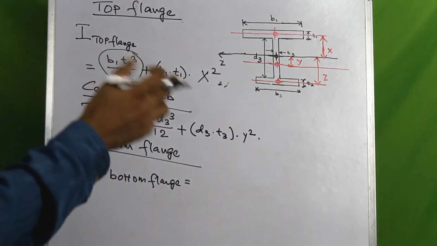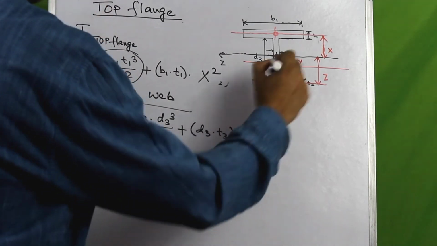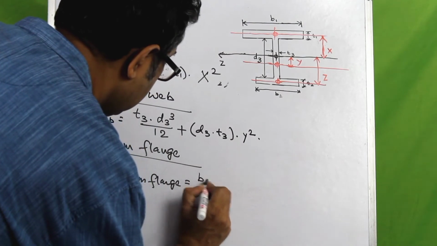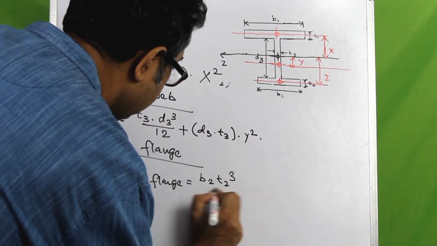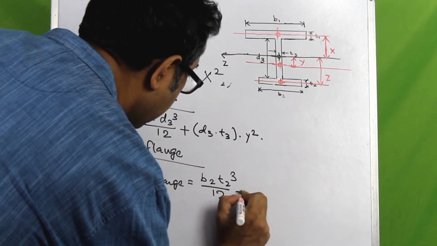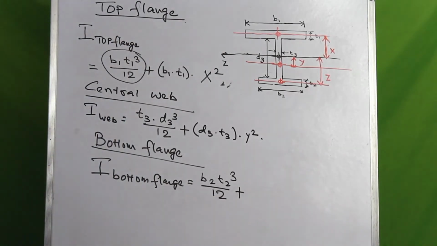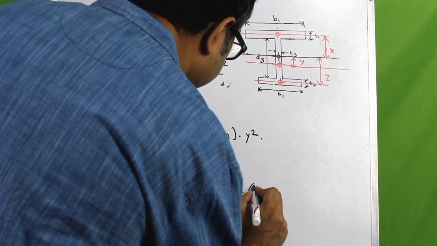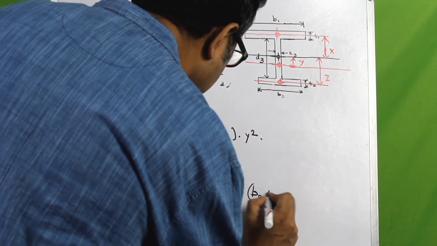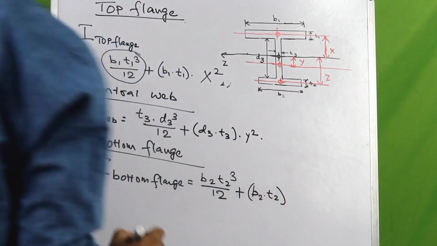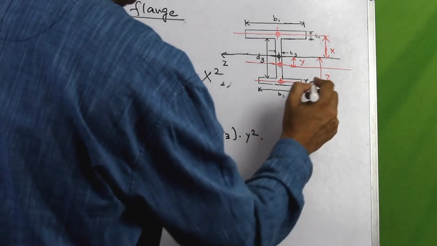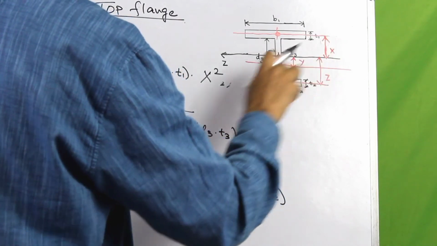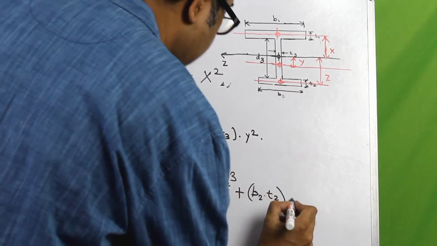And similarly for the bottom flange, we have the moment of inertia about this axis would be, plus the product of the area, which is b2 into t2, into the distance between the centroidal axis of the whole section and the centroidal axis of the bottom flange.